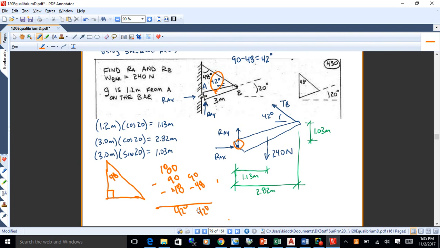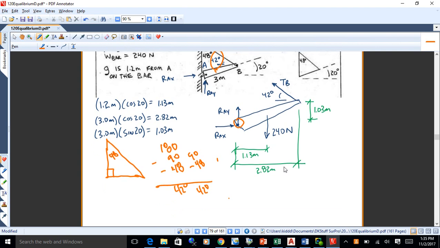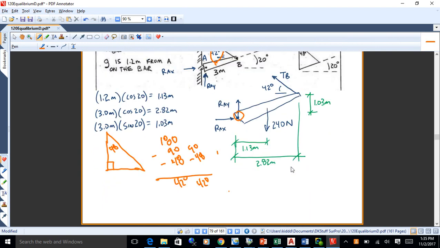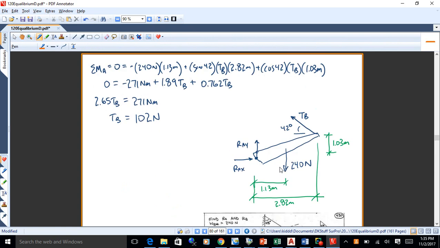You could do it that way too. It would work. So you should be getting 102 out of the moment equation, something like that. One negative moment and the other, and then the ones with TB are both positive about A.